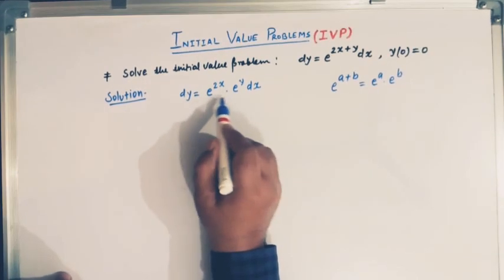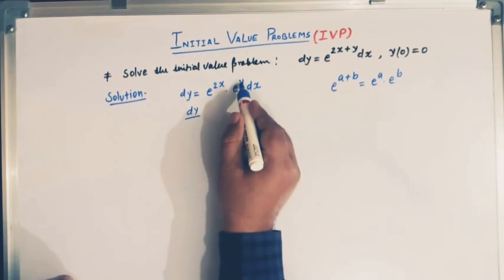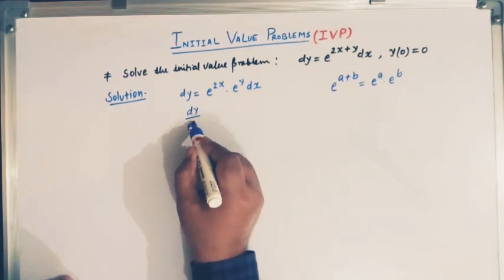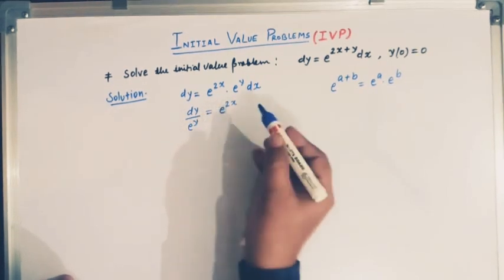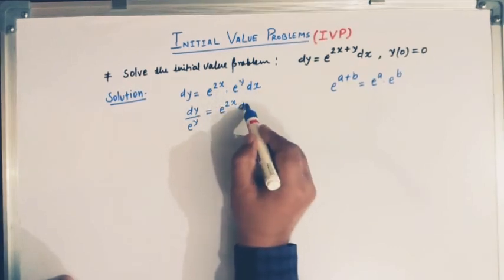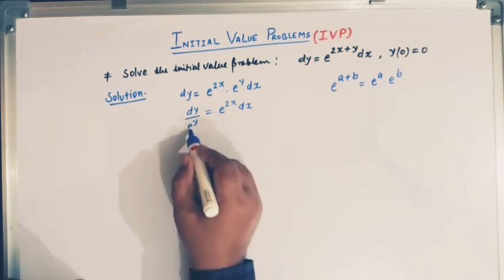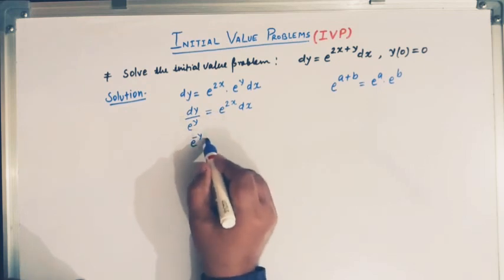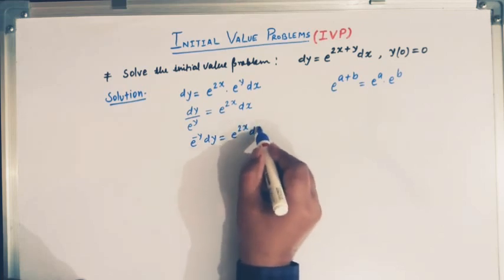So let us separate the variables, and the variables are x and y. So we take e raised to y to the left hand side, and we keep the x variables in the right hand side. Clear? Okay, now this can also be written as e raised to minus y dy equals e raised to 2x dx.